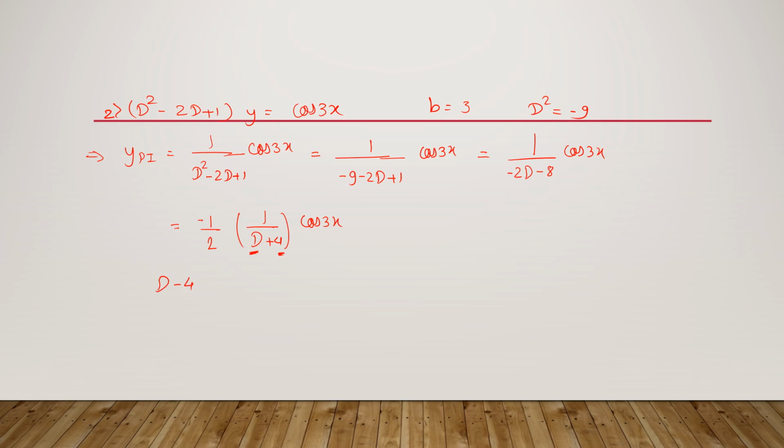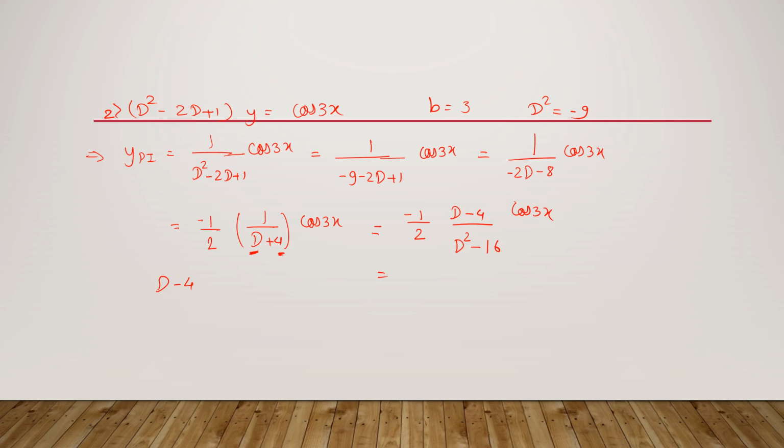So simply multiply by the conjugate on numerator and denominator, then we get minus 1 upon 2 into D minus 4, and if I multiply by D minus 4 on the denominator, then I get D square minus 16 cos of 3x.